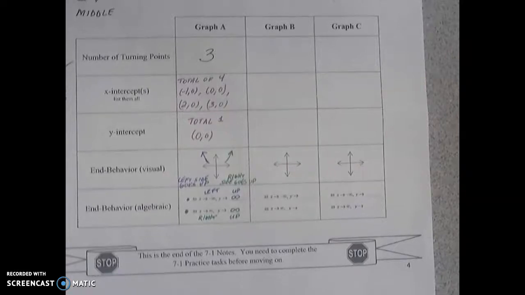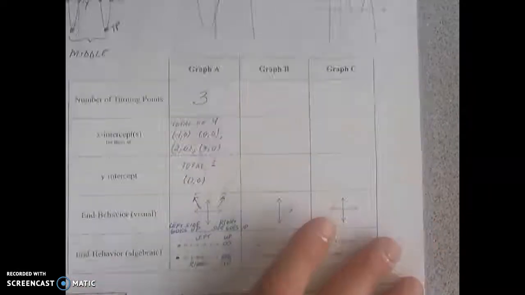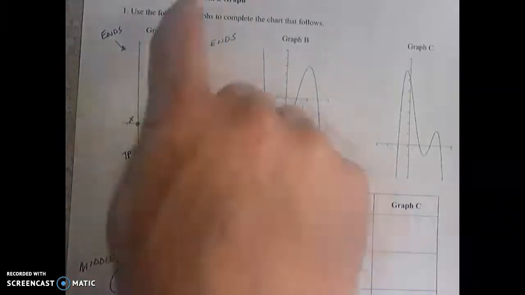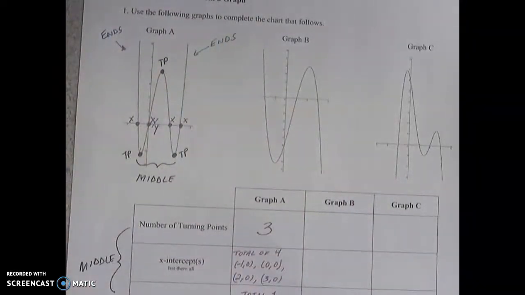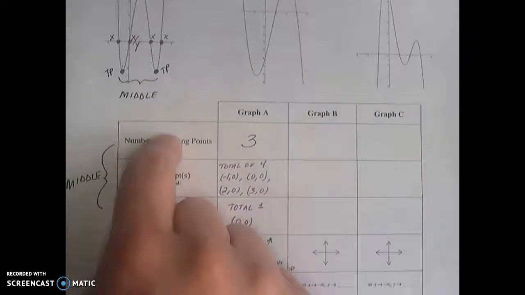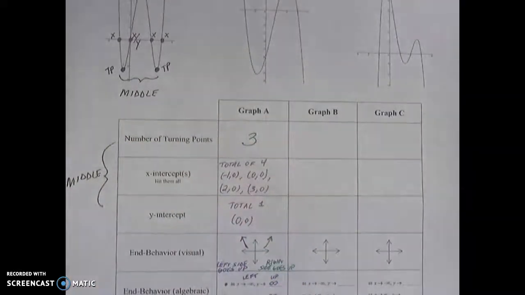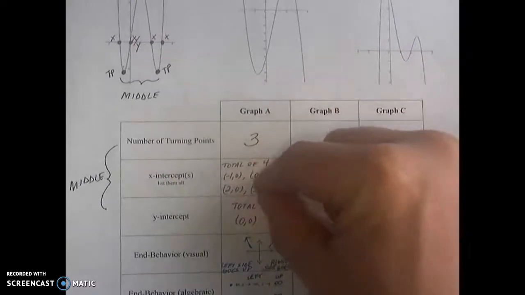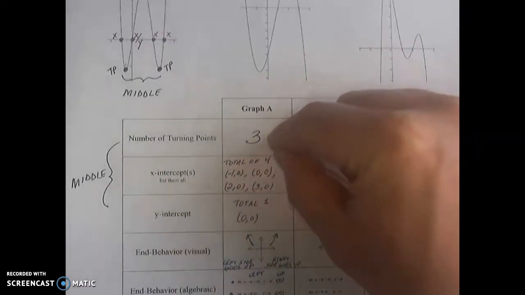Okay. So hopefully we have an idea of how to take a polynomial graph and pick out some characteristics and information that are important. What pieces of information were important? Well, the middle of the graph, including our turning points, our x-intercepts, and our y-intercepts. And later down the road, we'll make a connection between how many x-intercepts there are and how many turning points there are.